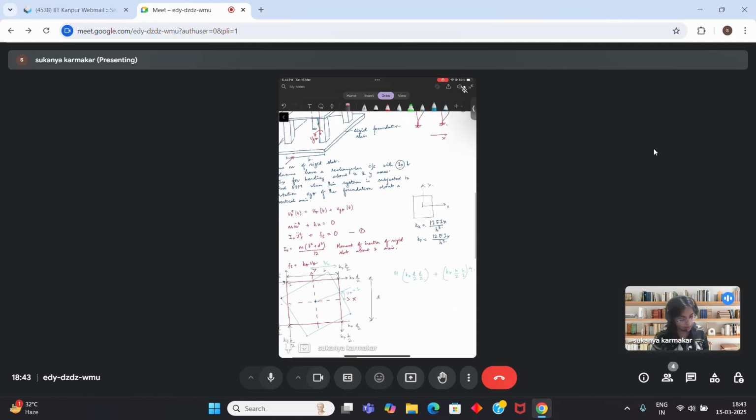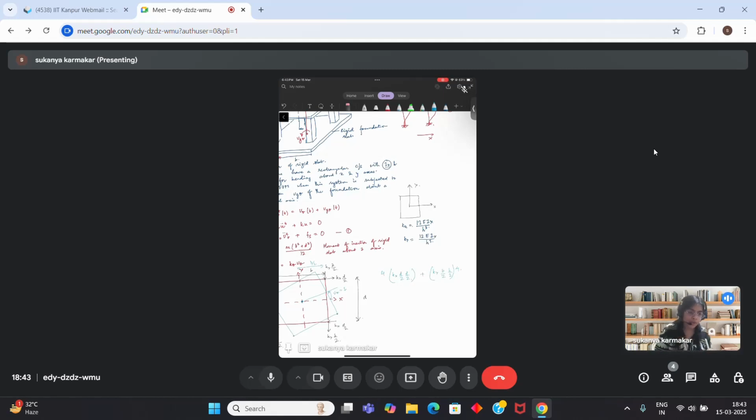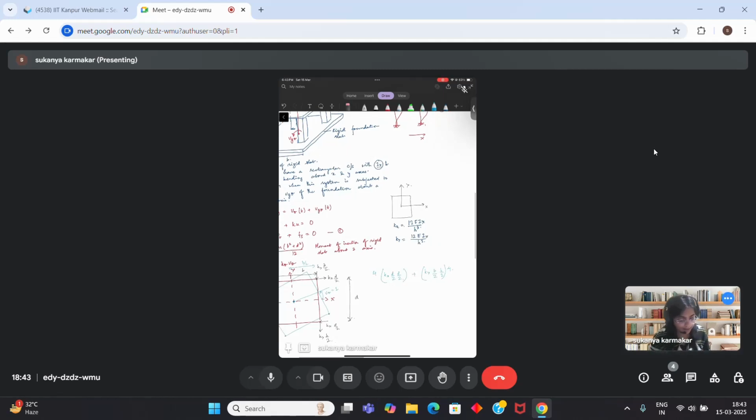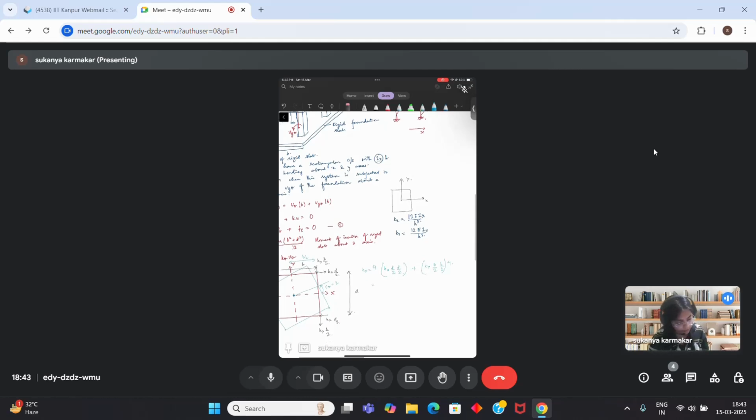So this is equal to k theta. I'll provide a more proper explanation for this. I have a slight confusion in this. So this is equal to k theta, and this is equal to kx into d squared plus ky into d squared.